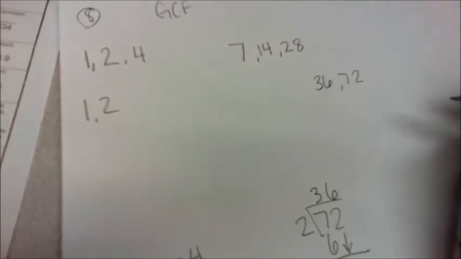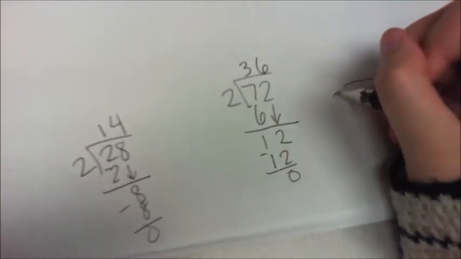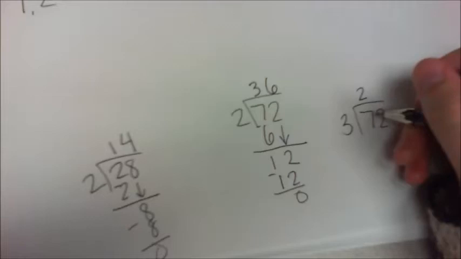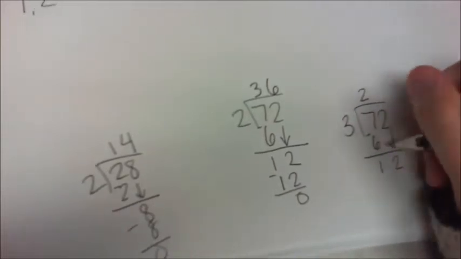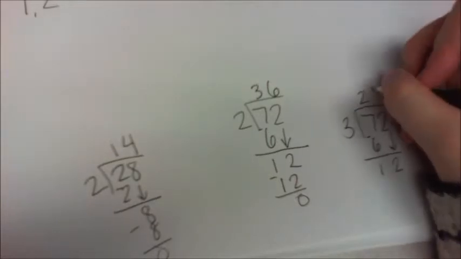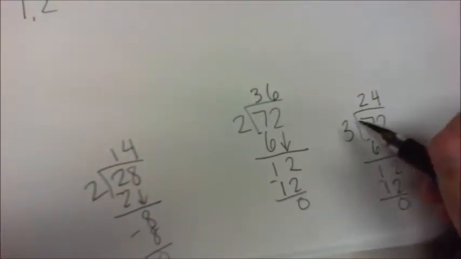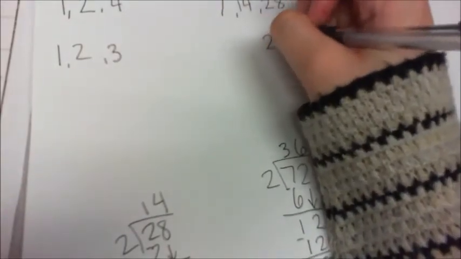Now 3. How many times does 3 go into 72? Let's see if it does. 3 goes into 7 2 times. 2 times 3 is 6. Subtract, bring down. 3 goes into 12 4 times. So it does go into 72. 3 times 24 gives me 72.